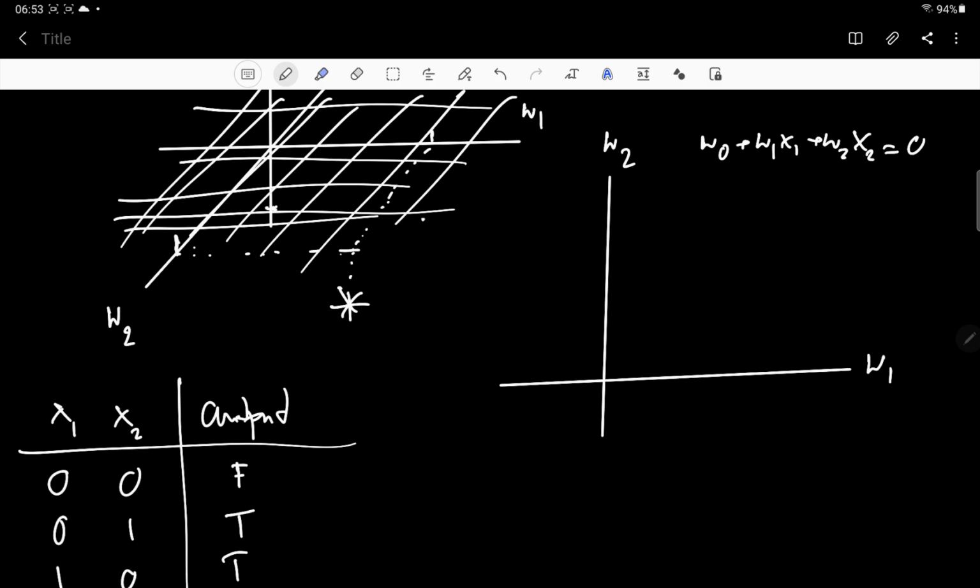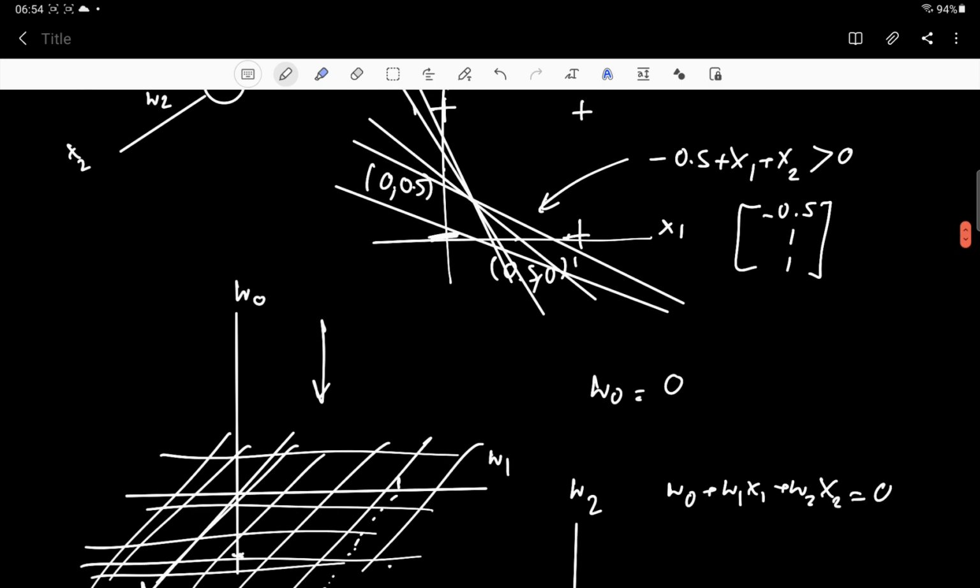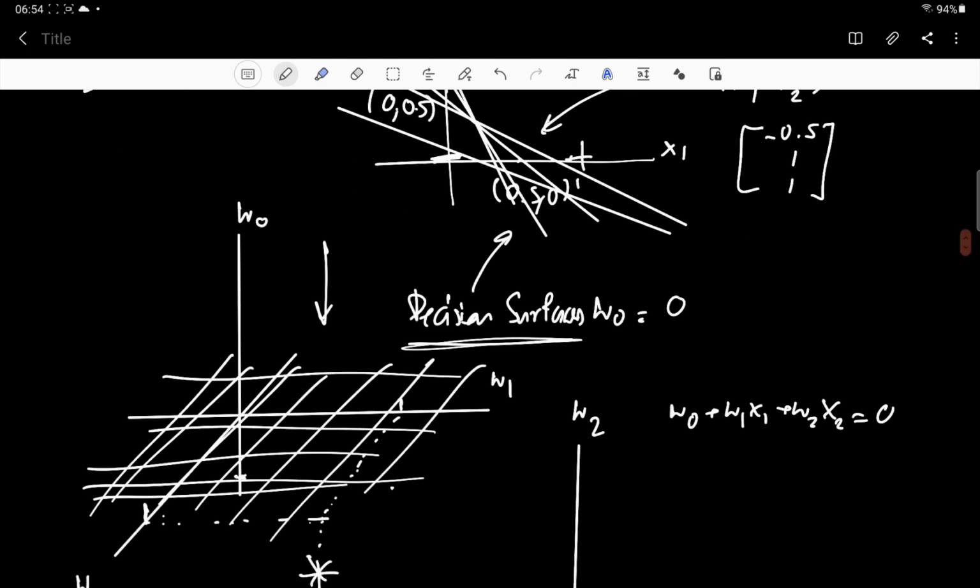This is our line, or our hyperplane, or you can think of it as the decision surface that you can use to classify the examples. Many people call this the decision surface. So you have a lot of decision surfaces, or you can think of each as a hyperplane.